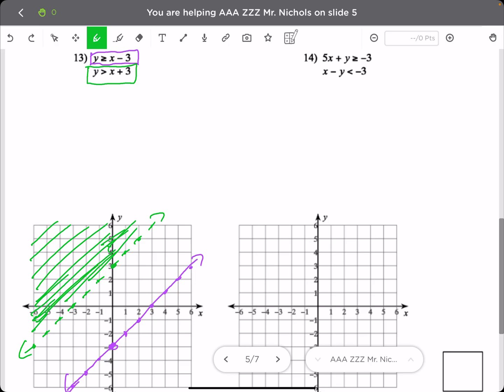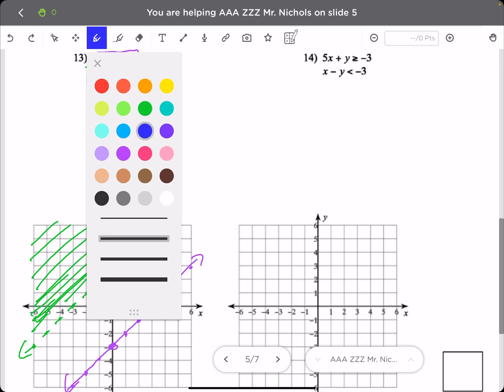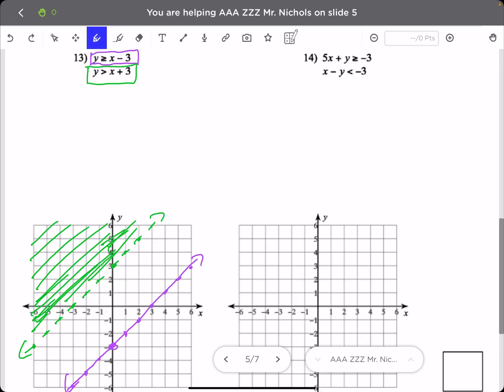Okay. All right. Now for 14, I'll go ahead and switch to blue. We need to put these into slope-intercept form. So I have 5x plus y is greater than or equal to negative 3, minus 5x, minus 5x. And I have y is greater than or equal to minus 5x minus 3.